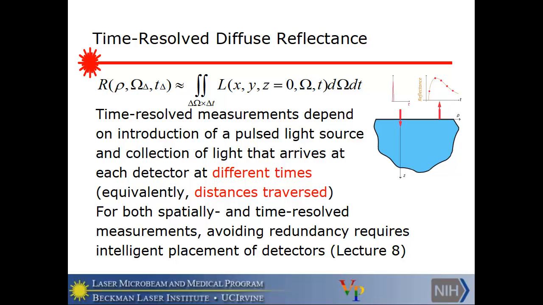Time-resolved diffuse reflectance, on the other hand, is that which looks at the light field as a function of time. Time in tissue is equivalent to distance traveled, really. So you can think of it as traveling either a smaller or a larger distance from the detector.